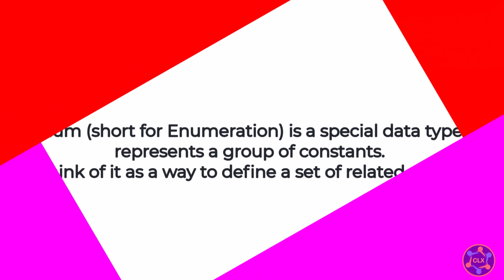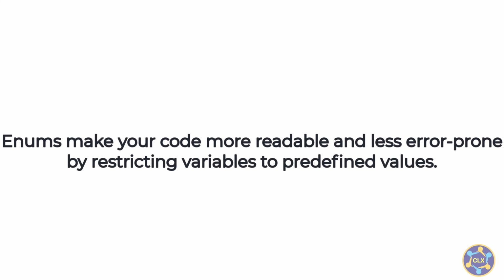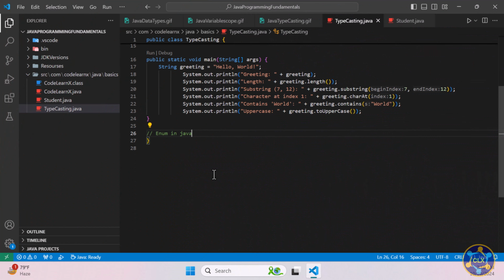Next question comes: why do we use enums? Enums make our code more readable and less error-prone by restricting variables to predefined values. How does it do that? For that we have to see how we can define an enum.